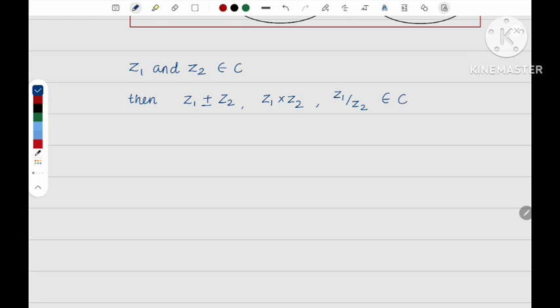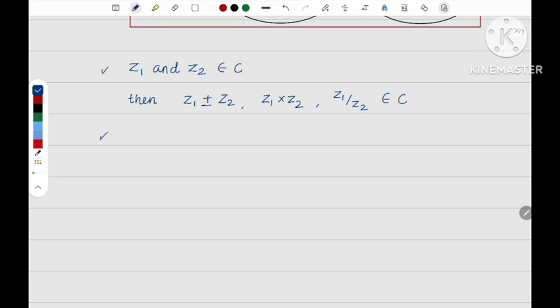So if z1 and z2 are complex numbers, then their addition, multiplication, and division will also lie in the set of complex numbers. That is exactly the closure law. So addition, subtraction, multiplication, and division also follow the closure law, right? This is one thing that I want to emphasize here.